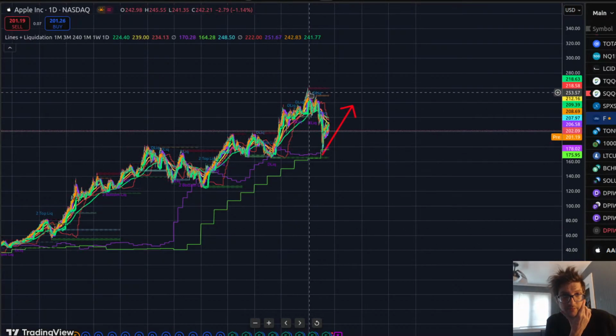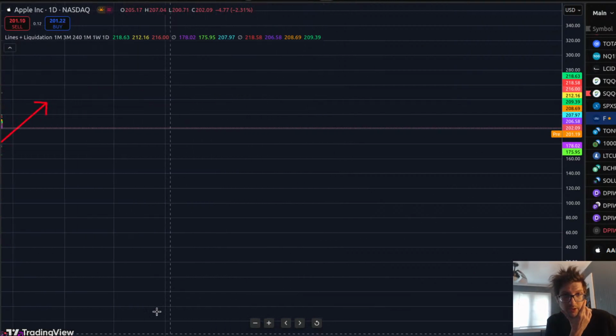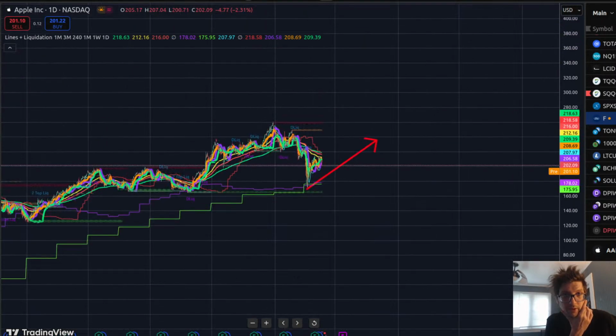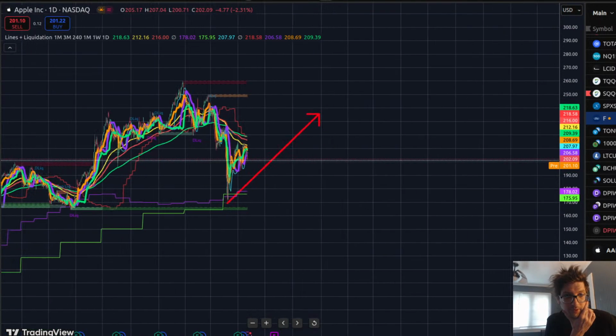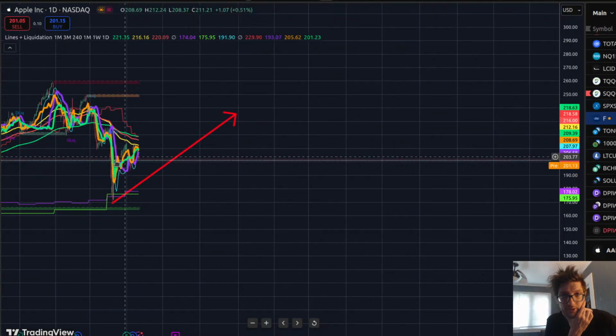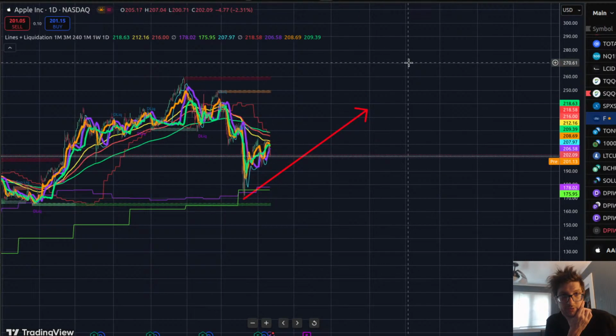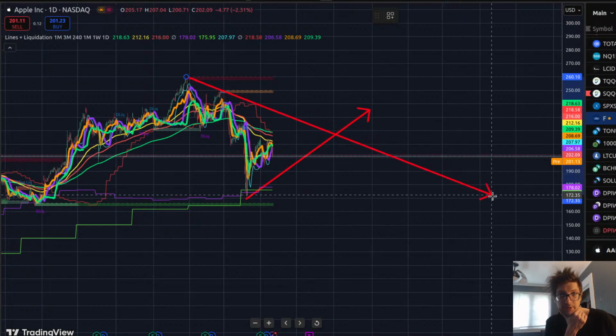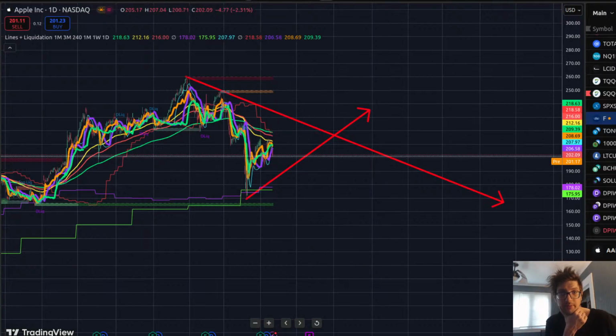Because you can see, even though price is going up right now in the short term, it's going in this general angle, I guess you could call it. Even though that's happening, at the same time, there's another trend line happening right there. And then I'll just draw another one.